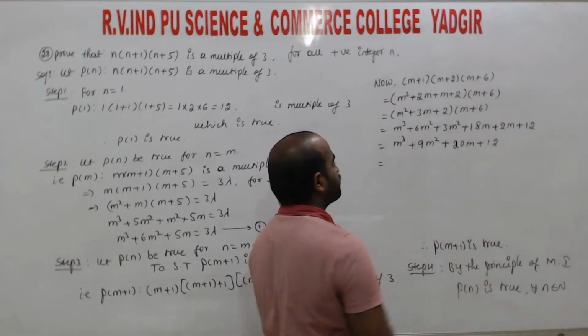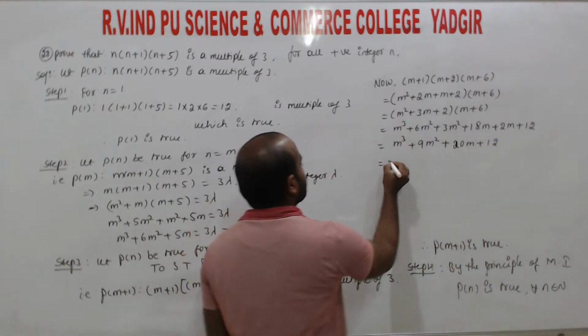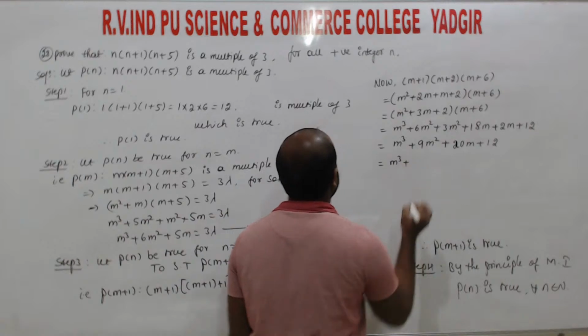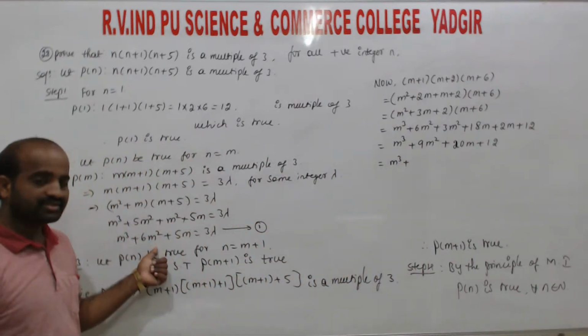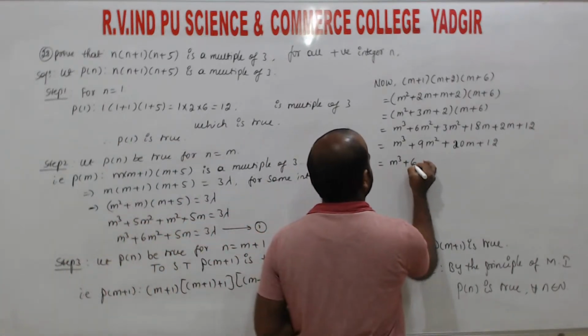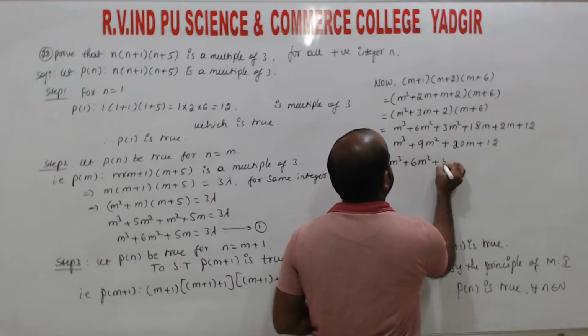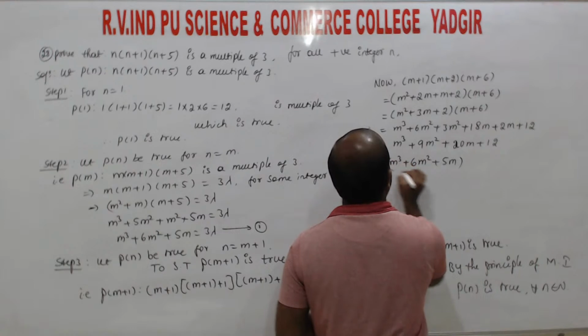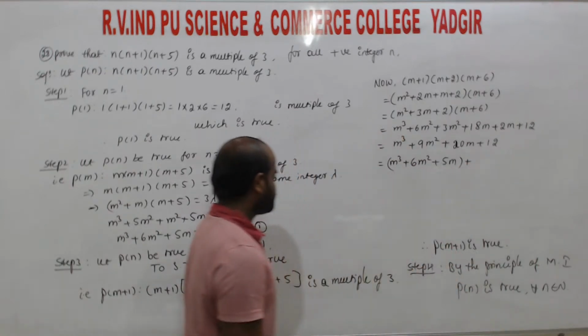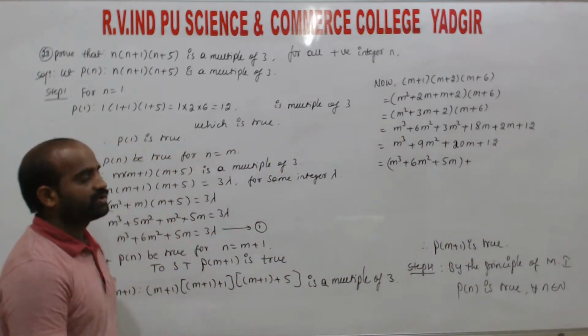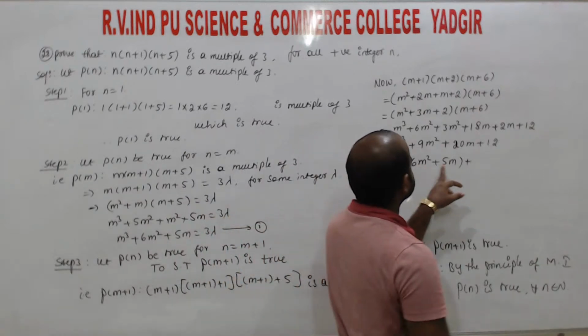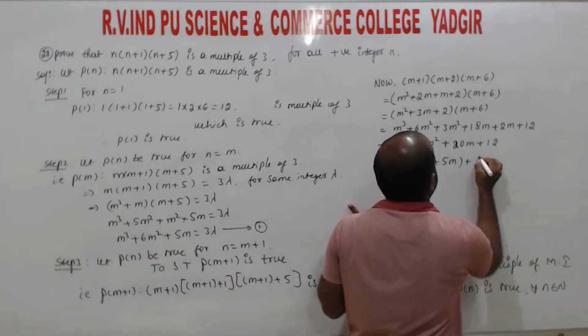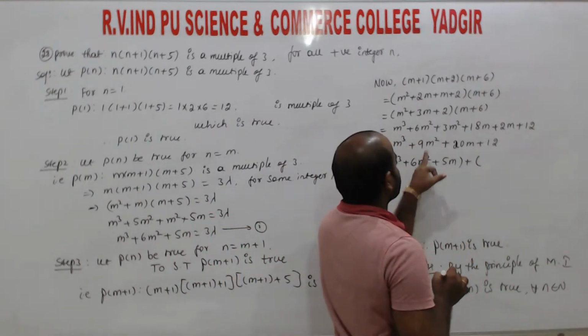This equation can be written as m cube plus 6m square plus 5m, plus 6m square plus 5m plus the rest.